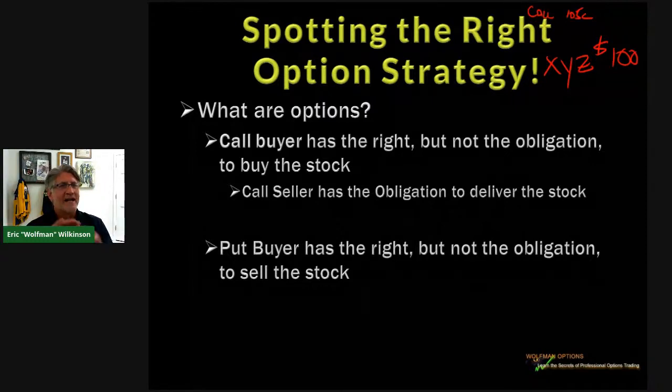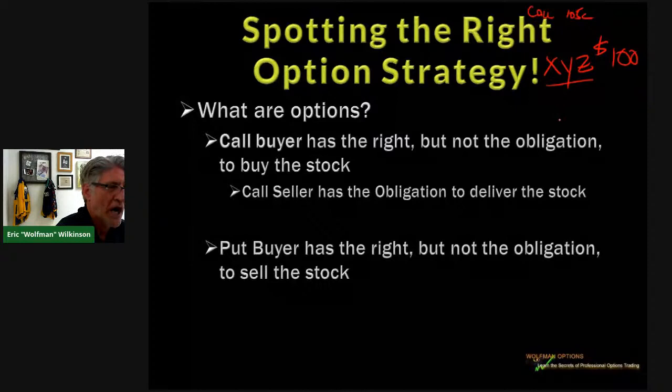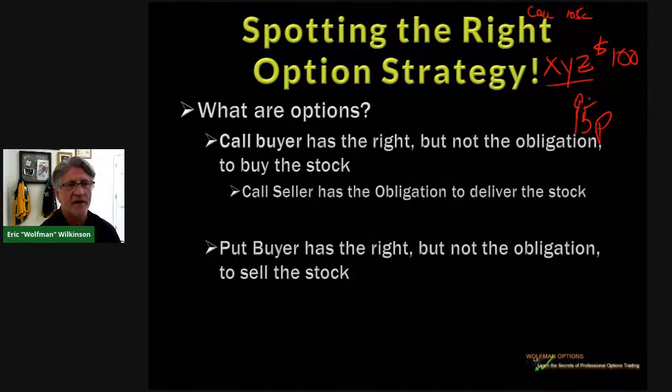All right. I can sell it at any strike if I buy that strike, which means that if XYZ was trading 100 right here, and I bought the 95 puts, that gives me the right to sell that stock at that price.